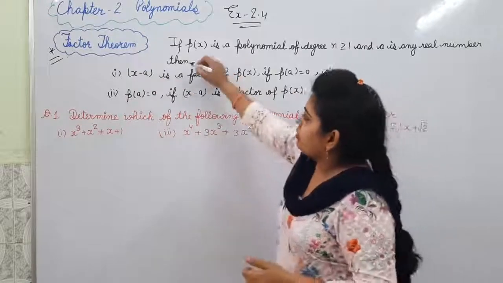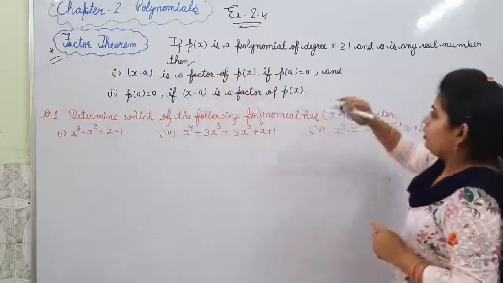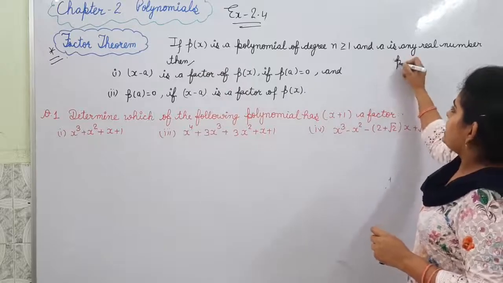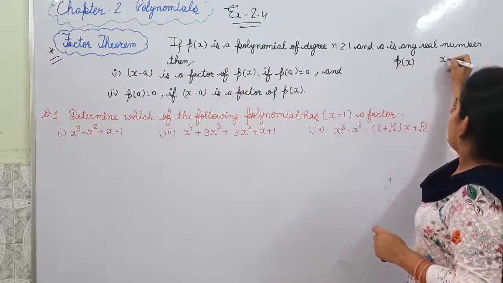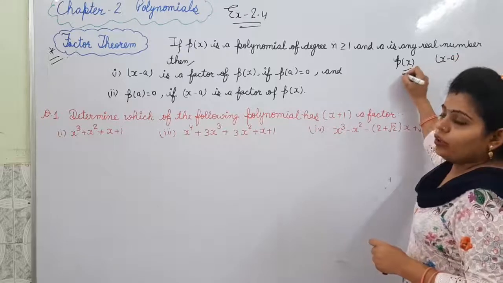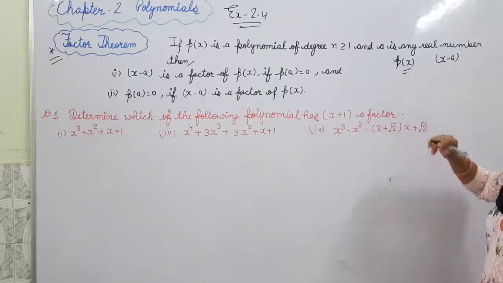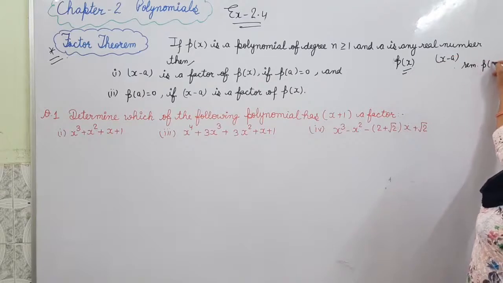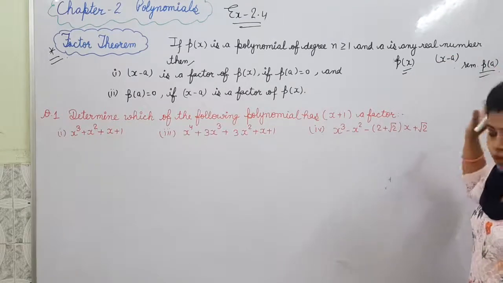Up to here the statement is clear. In the remainder theorem, what we have studied: if p of x is divided by x minus a, then the remainder was p of a. It was the remainder theorem.